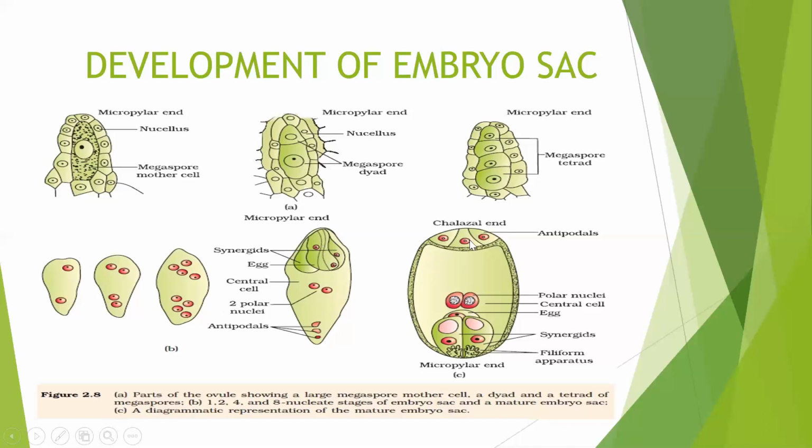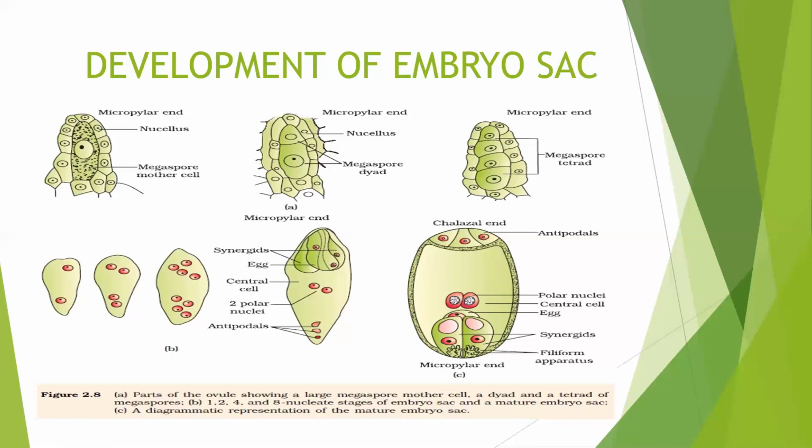Towards the chalazal end, 3 cells are formed known as antipodal cells, and towards the micropylar end there are 2 synergids and 1 egg cell. Together these 3 cells are known as the egg apparatus, and in the center there is a big cell known as the central cell. This central cell contains 2 polar nuclei.